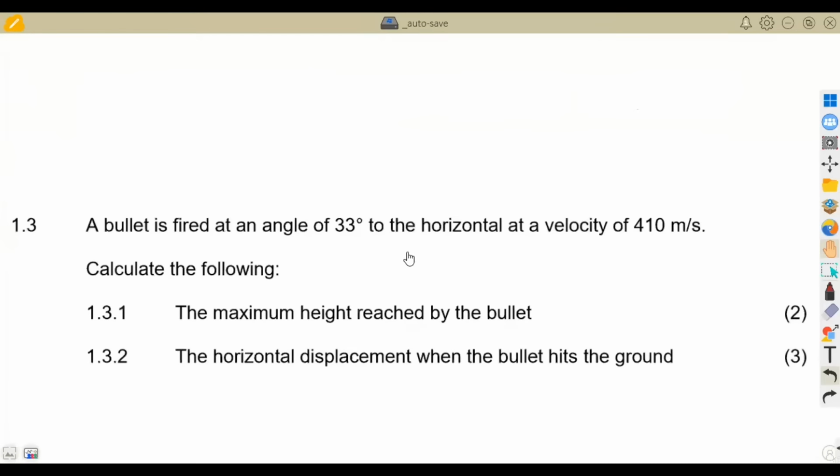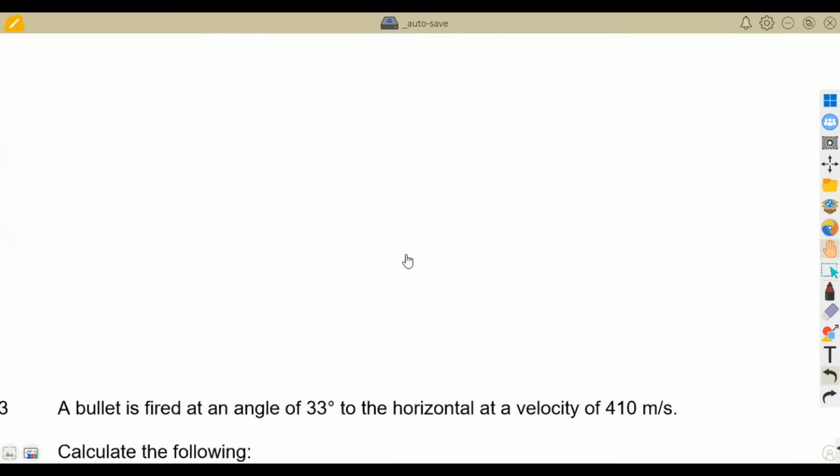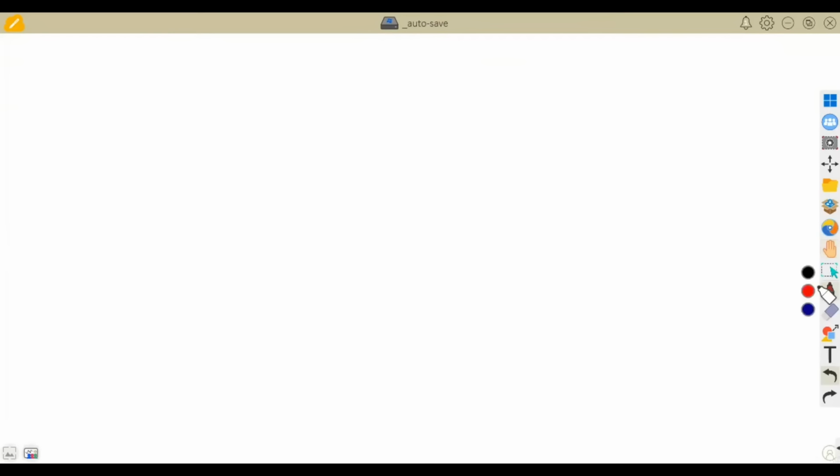If you check our projectile concept, we simply need to understand that we are given our projectile at an angle of theta. We are going to have two components which affect our angle theta, having our initial velocity measured in meters per second.